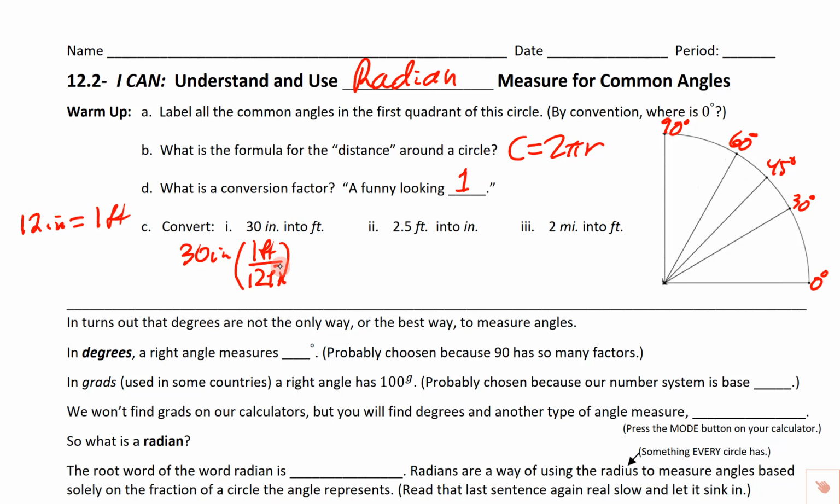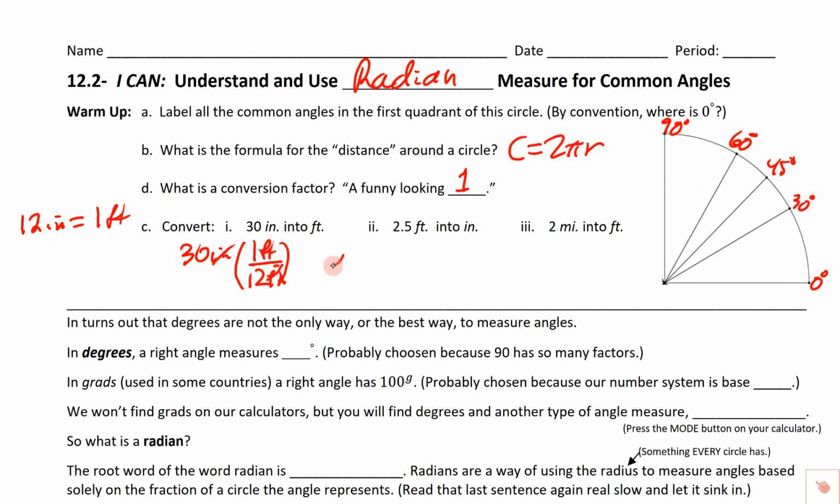Sorry, 1 foot exactly the same thing as 12 inches? Yes. It is. So do we have the same thing on the top as we have on the bottom? Same thing over same thing is a 1. If you have the same thing on the top of a fraction as you have on the bottom of a fraction, it's a 1. So does everybody agree that that conversion factor is a funny-looking 1? And notice what happens. The inches go away.